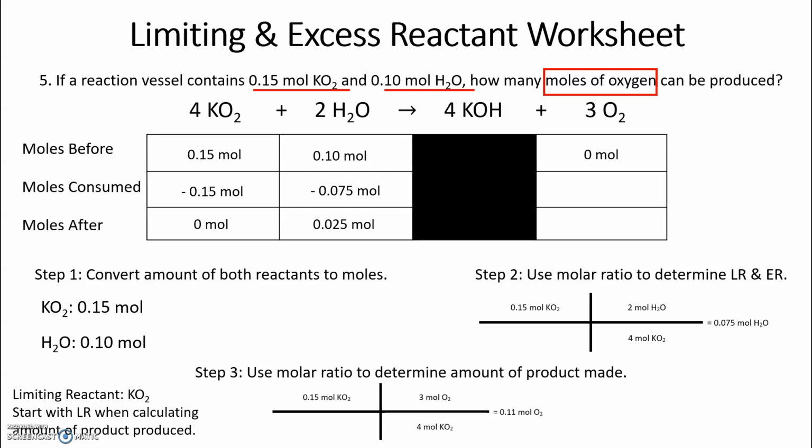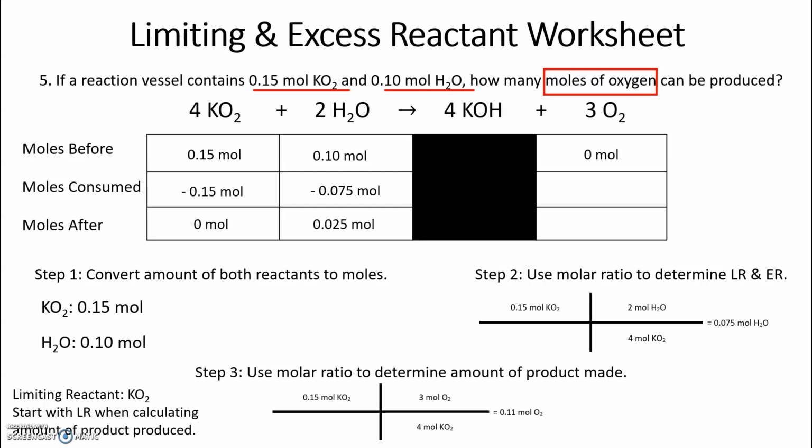We'll copy and paste the unit and substance down diagonally, and then we want moles of oxygen on top. So when we have moles of one substance over moles of another substance, we're just going to look to the coefficients in the balanced chemical equation to help us determine the relationship between oxygen and KO2. So you'll notice for every 3 moles of oxygen, we have 4 moles of KO2.